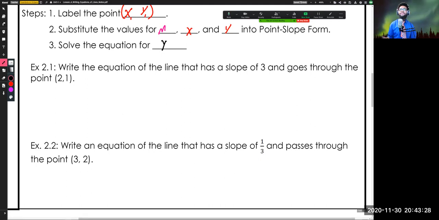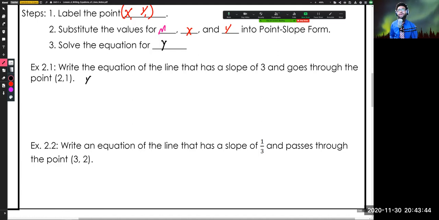All right, so example. Write the equation of the line that has a slope of 3 and goes through the point 2, 1. All right, so we're going to use our point slope formula, and then we're going to solve it for y. So let's start off just by writing it out.